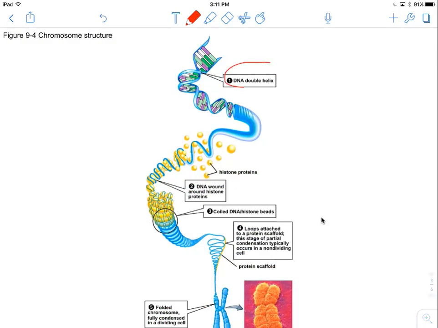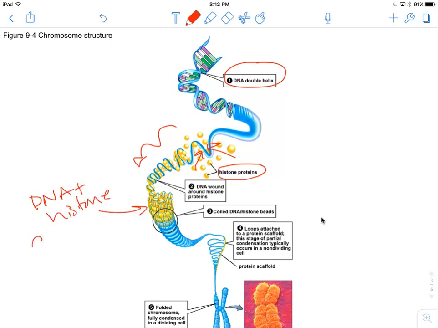Here we have your DNA. Because there's a lot of DNA that needs to get folded up into the nucleus, we have some histone proteins that bind to the DNA and help to fold it up. You can see it folding here. And then once you have DNA plus histone right there, it is, of course, chromatin.